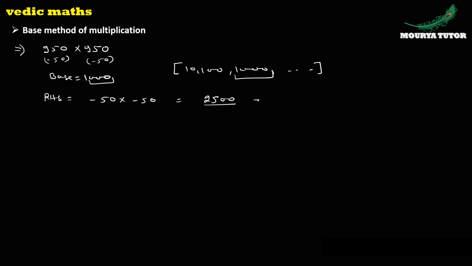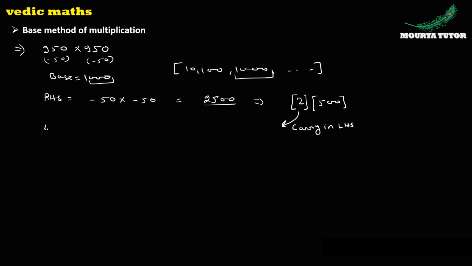So in the RHS part we will include only 500. What we will do with this 2, this will be considered as a carry in the LHS part.